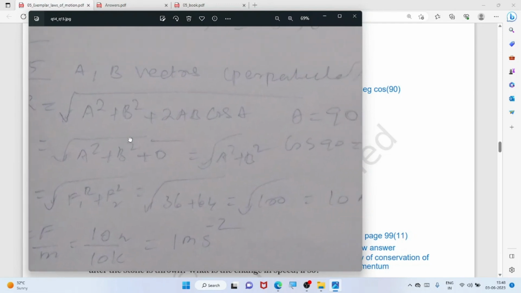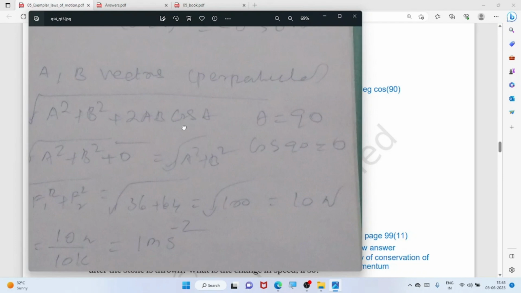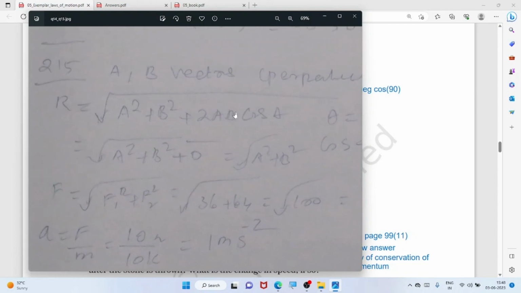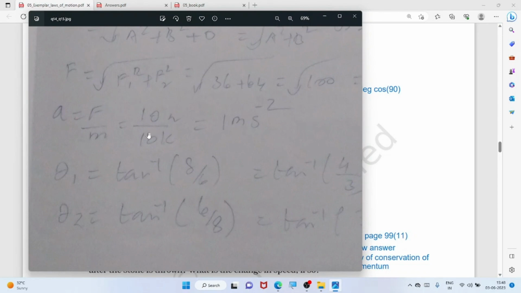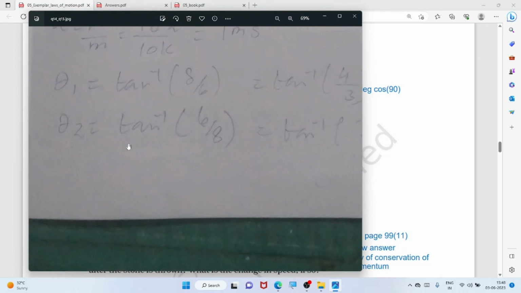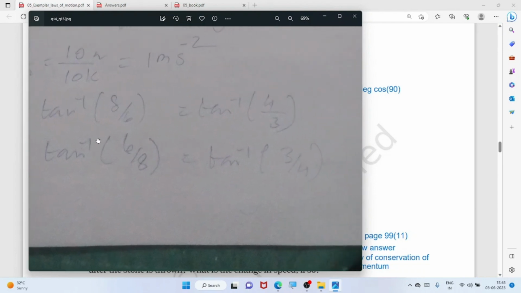See, cos 90 is 0, so this term will get cancelled. So it will become like this. After simplification and finding the force, we get theta 1, theta 2.